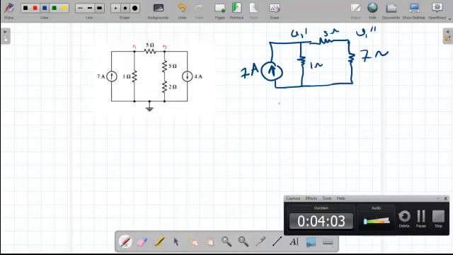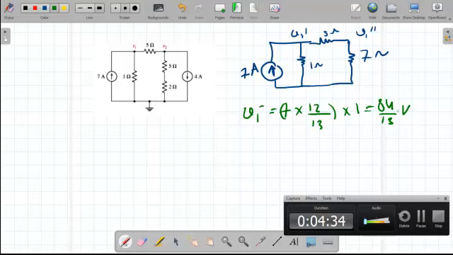So V1' will equal 7 times, we multiply by the other resistor, which is 5 plus 7, 12 over 13. So this is the current, then the current will be multiplied by the 1 ohm resistor. So this will equal 84 over 13 volt.